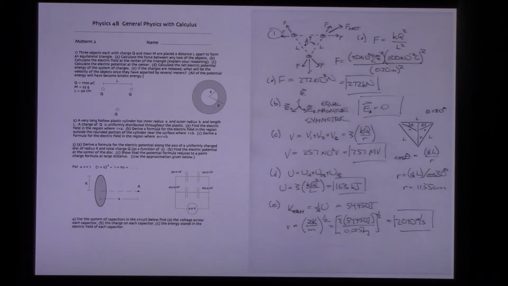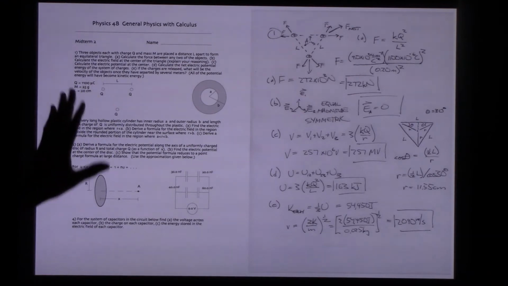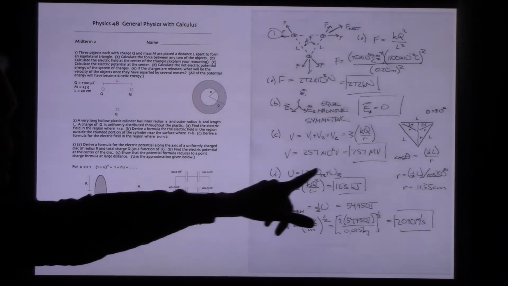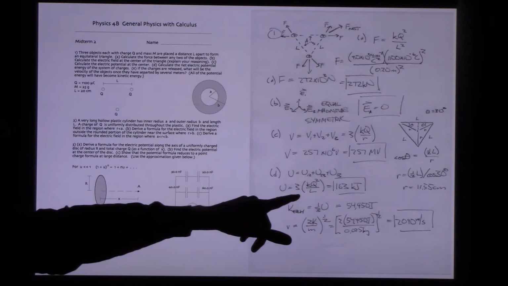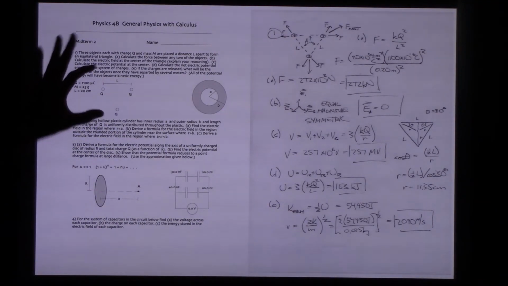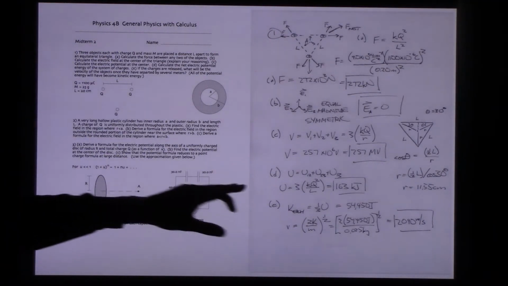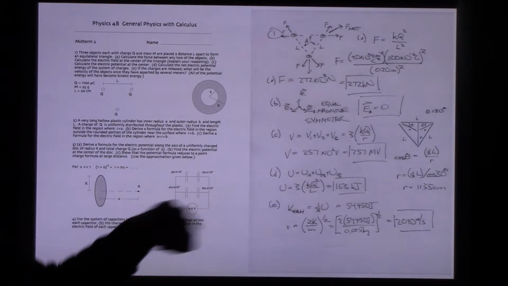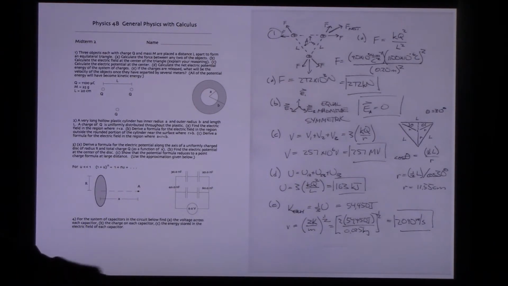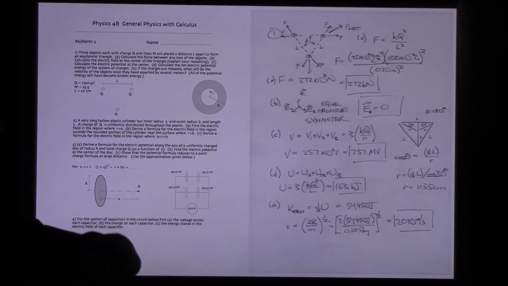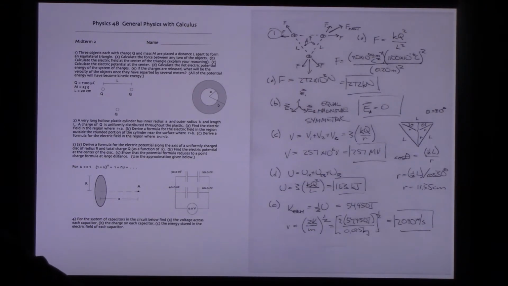Now, if you remember, if we have a bunch of point charges out here, we can calculate potential energies by taking one pair at a time. So we'll say there's a potential energy due to the interaction of charges 1 and 2. There's a potential energy due to the interaction of charges 2 and 3, and then there's a potential energy due to the interactions of charges 1 and 3. Now, those are all the interactions, so those are the 3 terms that we have to add together.